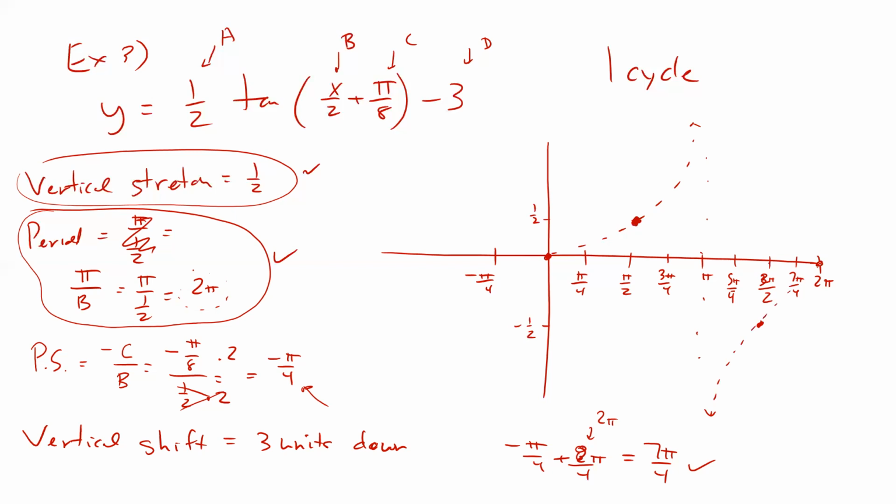Okay, so now let's take care of the phase shift and the vertical shift at the same time. Phase shift, it's going to go back pi over 4. At this point, we're just going to go down 3 units. Ooh, you know what? I don't like the way I made my scale because that's 1/2. That means 3 is going to be all the way down there. Sorry, guys. Can I change my scale a little bit here? I should have had it closer here.